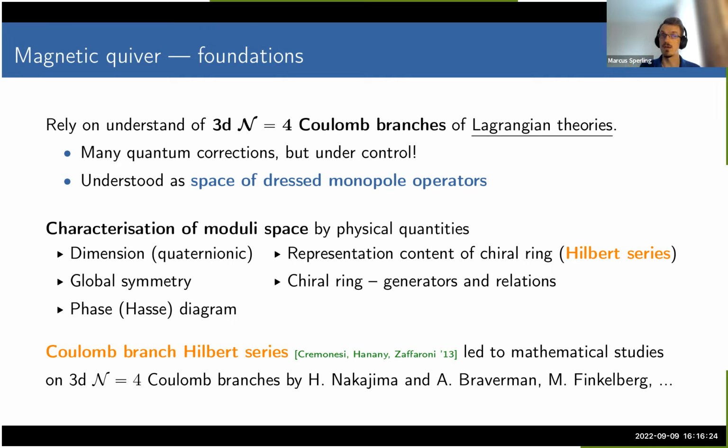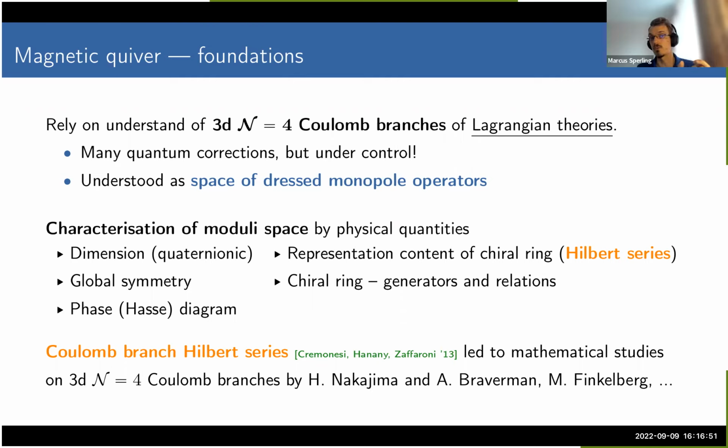We say we have gained enough understanding of 3D Coulomb branches because we now know that a quantum corrected description of the Coulomb branch is possible by using what are called monopole operators or dressed monopole operators. So these operators are in contrast to the things that you usually would do in the Higgs branch. It's not simply a gauge-invariant polynomial of the microscopic fields, but actually it's defined as an insertion in the path integral.